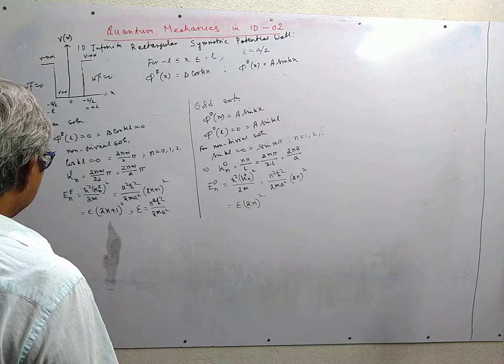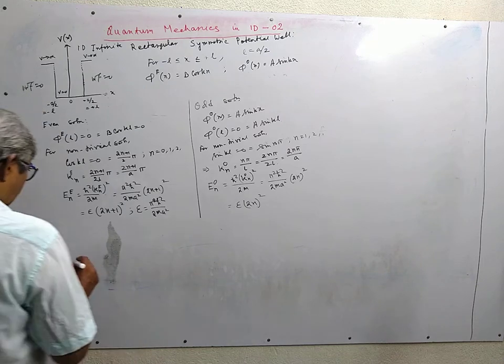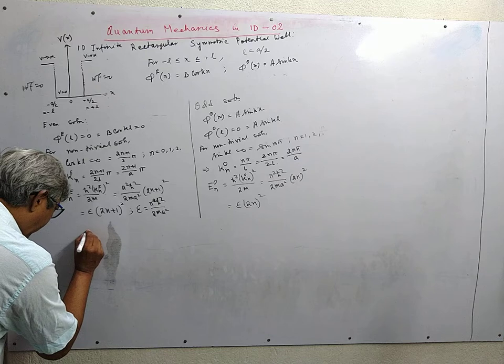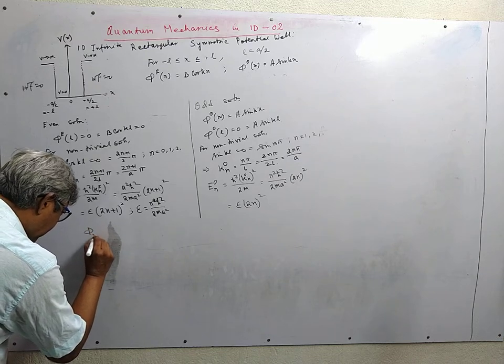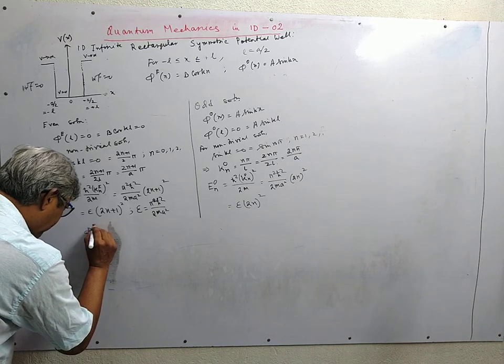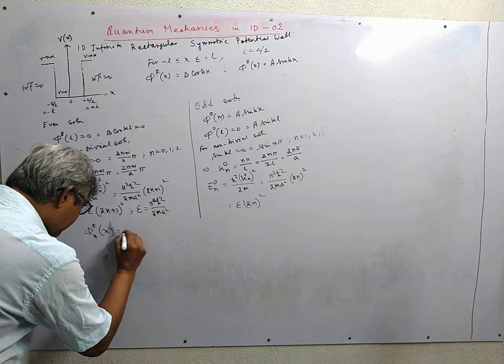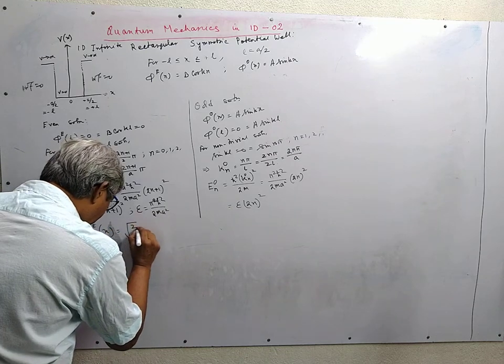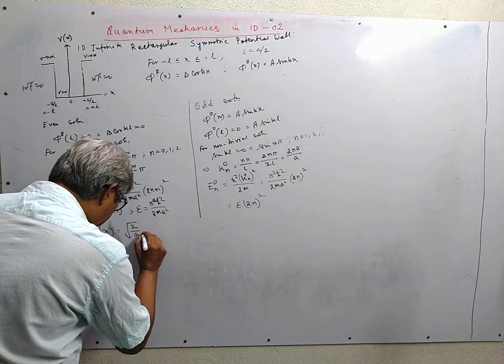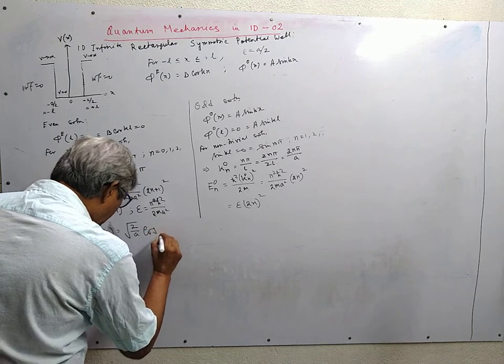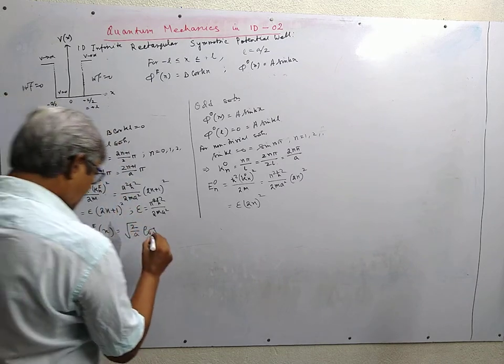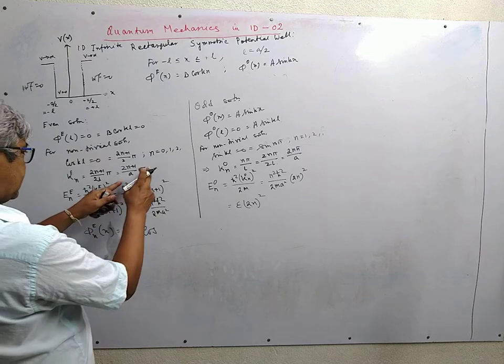And so far as the normalization is concerned, the normalized wave function, it is a trivial task, and I am not going to take it up. This is root of 2 by a cos kn x. kn is this much.